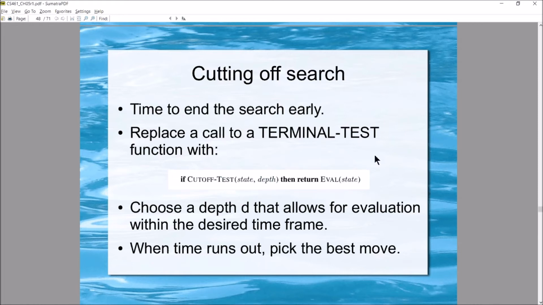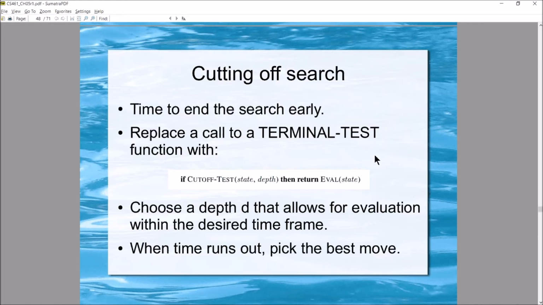Fine. So what you have to do is choose some kind of a depth that is going to allow you to perform that evaluation of the state within some time limit. So you want the AI opponent to take a turn that's only, I don't know, 5 seconds long at the max. So you need to do some experimentation. You'd say, all right, you can go to this certain depth, we think that's going to take us the full 5 seconds, that's going to work for us.